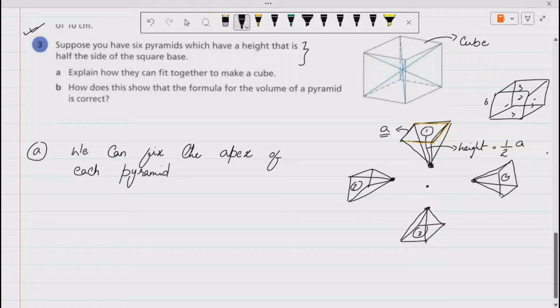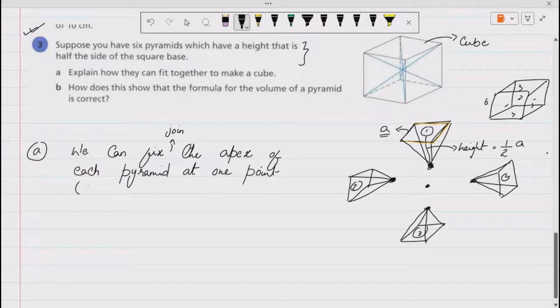We have six pyramids, and these are the apexes of them. So we can fix the apex, or you can say join the apex of each pyramid at one point. So this point, we join all together on this point.